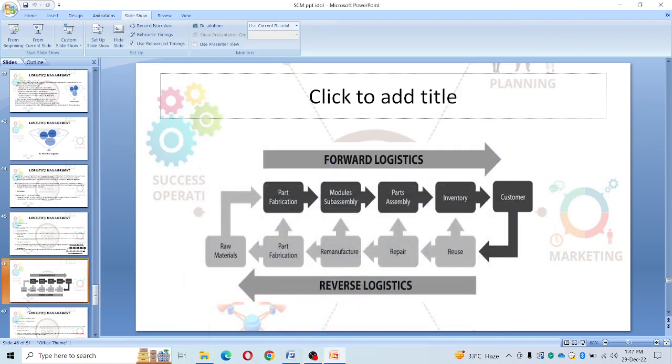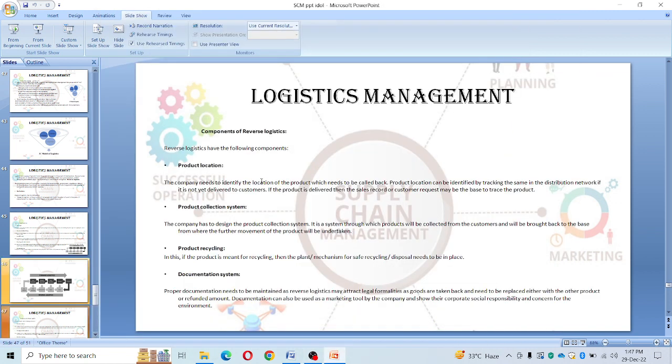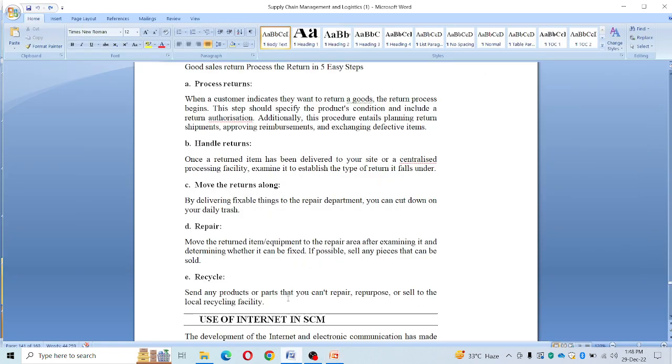So this way, even when we talk about the components of reverse logistics, whatever things we have seen in the return, we are doing the same things in components of reverse logistics, that is product location, product collection system, product recycling, documentation system. So we need to tally this with processing return, handling return, moving returns, repair and recycling.